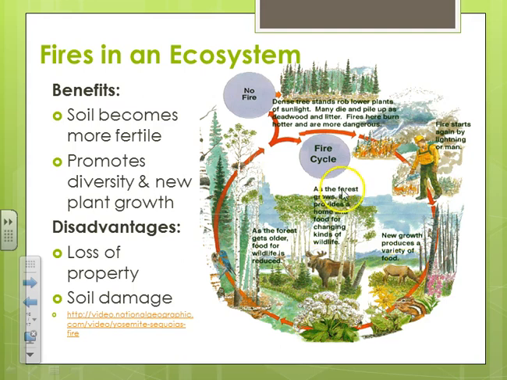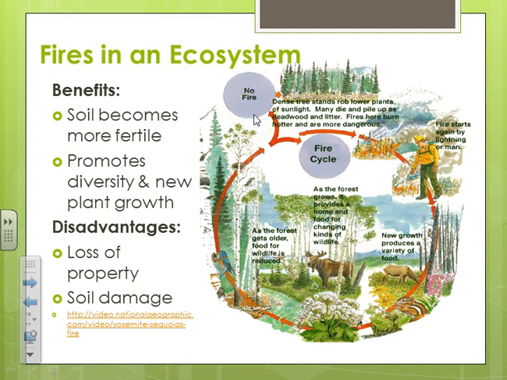And then as the forest grows, it provides home and food for changing kinds of wildlife. As the forest gets older, food for the wildlife is then reduced. And then one of two things can happen. There can be a fire and the entire cycle starts over again, or there is no fire and this is what happens.